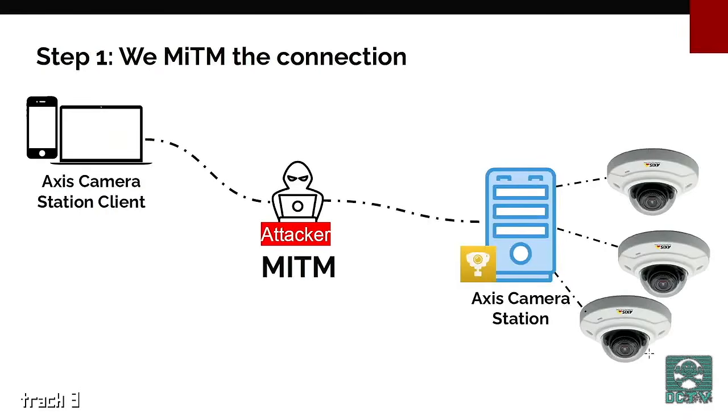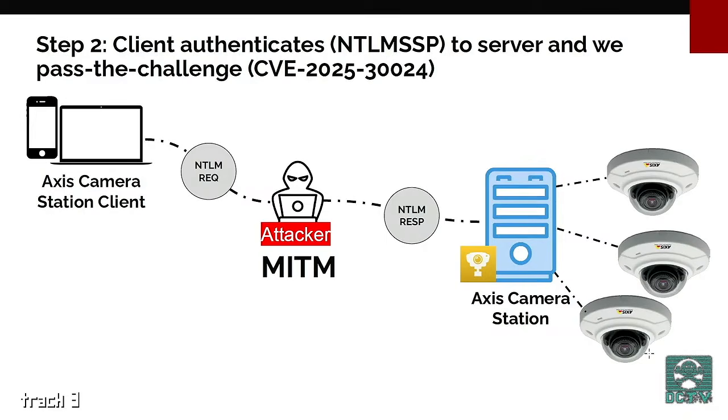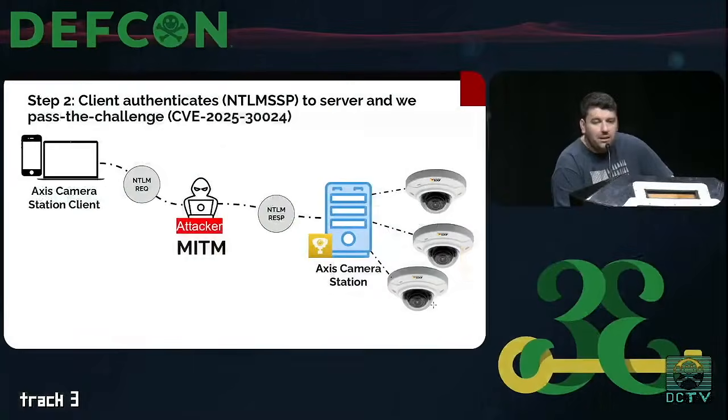And to do that, we'll go back to our man-in-the-middle setup, where we man-in-the-middle a connection between a client and a server. All we need to do is pass along the NTLM challenge and response, essentially doing a pass the hash, pass the challenge vulnerability, allowing the client to authenticate to the server and pass the authentication requirement.